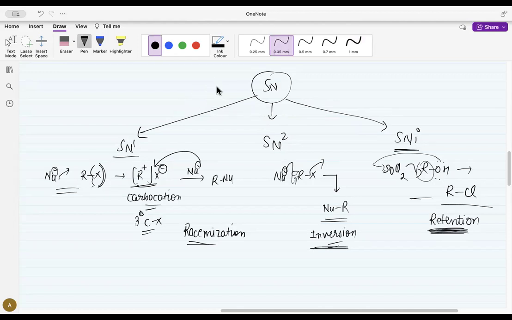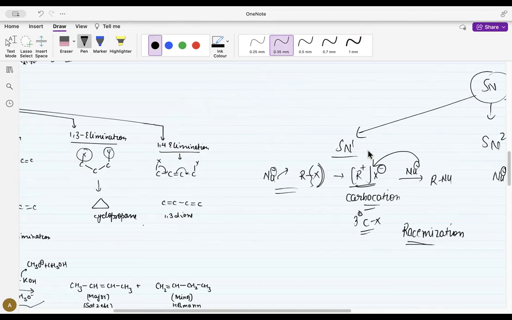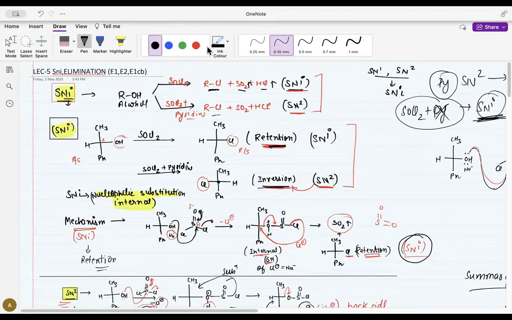Because beta, see why do we get oxygen positive? Because oxygen will go and attack sulfur. If oxygen is attacking sulfur, both of its electrons are gone, therefore oxygen becomes positive. Therefore this bond of carbon and oxygen becomes weak.